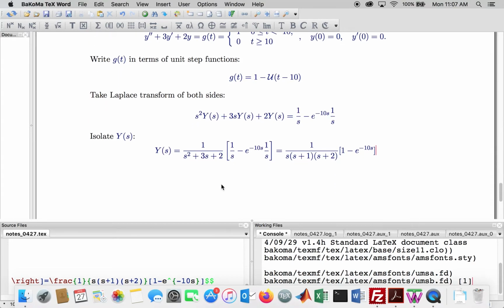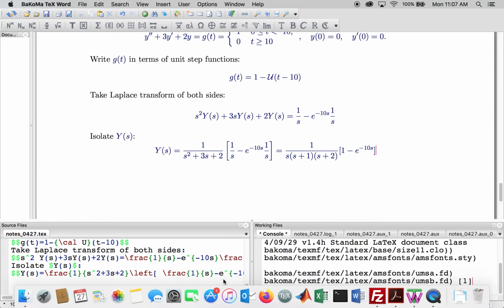But now we need to carry out the partial fraction decomposition of this. So we get two factors from the left side of the equation, this one from the right side. So it's important to put all those factors together.